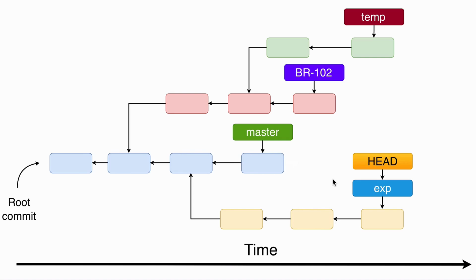Let's suppose that at a specific moment of time you decide to work on a specific feature, but you don't want to implement this feature directly in the master branch, because for example you're not sure whether this feature will remain in your main project, and let's say that the master branch is our main project.